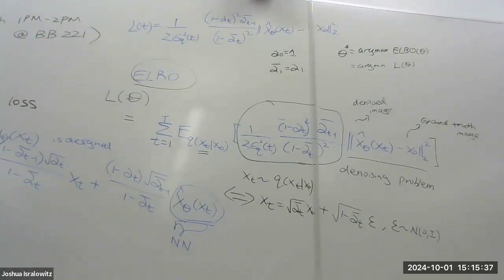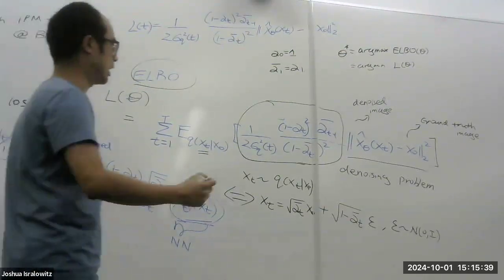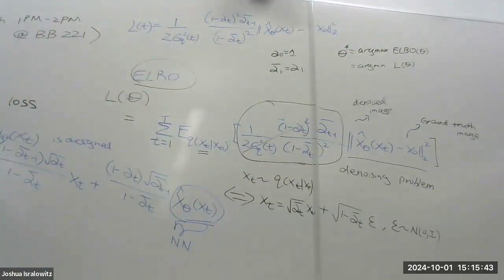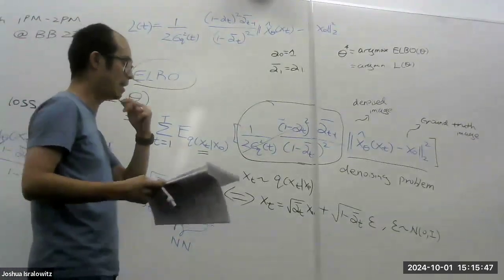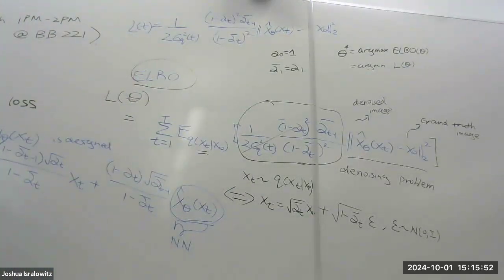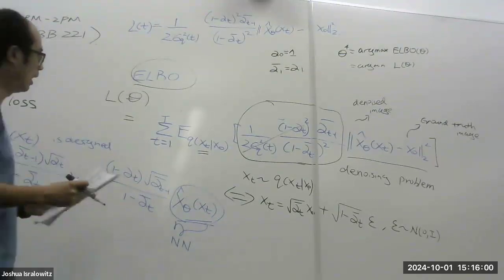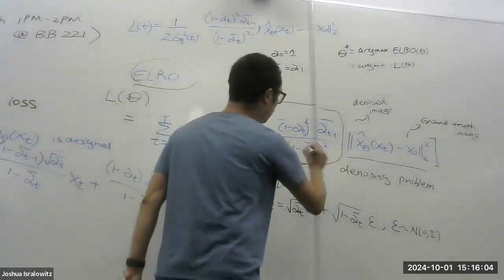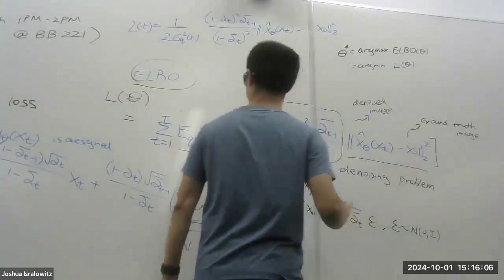But in practice, what people do is they just get rid of this. There are a lot of people who tested this whole thing, and they found the performance is better if you get rid of this part, which is kind of very disappointing for a mathematician. But in practice, it's cheaper and it works out. So this is the sampling part, this is the non-uniform part, and this is the denoising part.